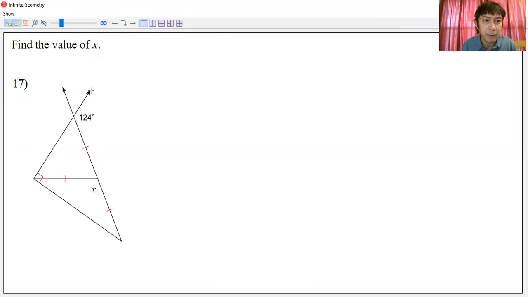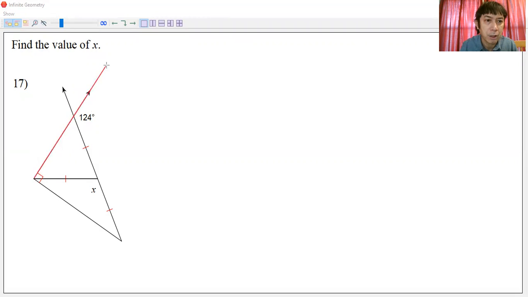Consider this particular ray here. This is straight. And so we have a linear pair there.